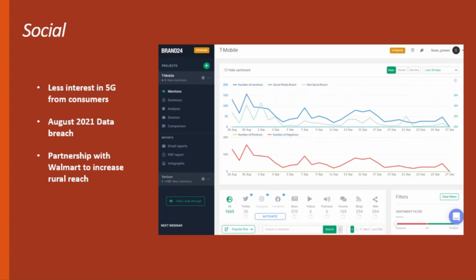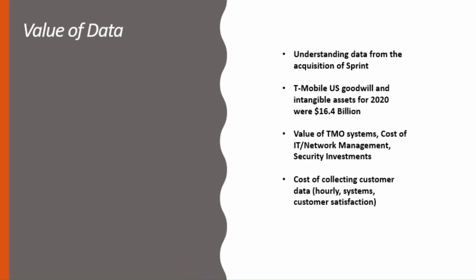The next slide, I have the value of data. A couple things to help us interpret the value of data. Firstly, understanding data from the acquisition of Sprint, so there was a value to that data. T-Mobile US also discloses their goodwill and intangible assets for 2020. That was about $16.4 billion.